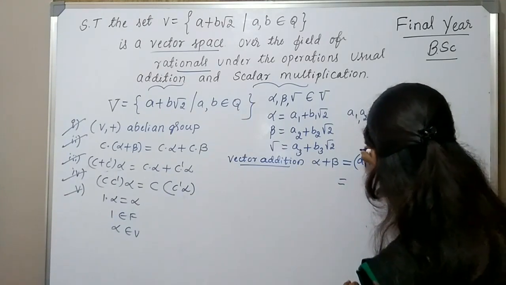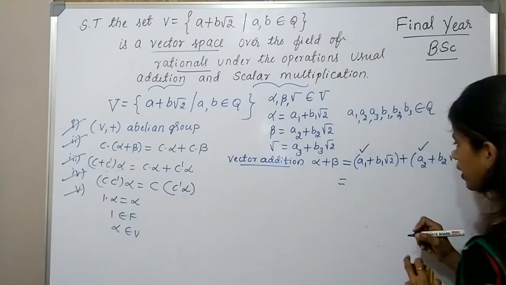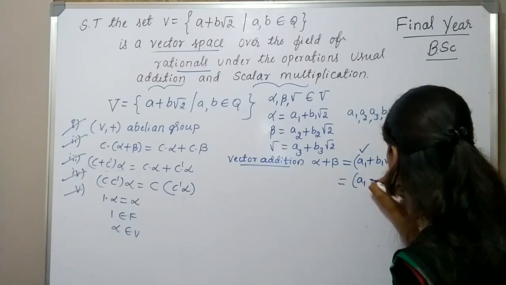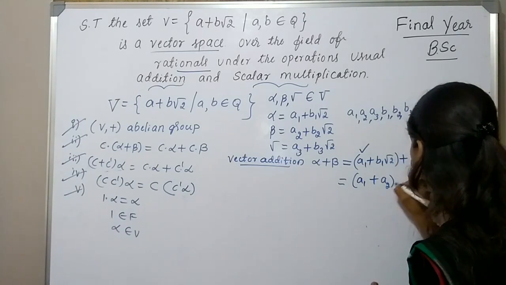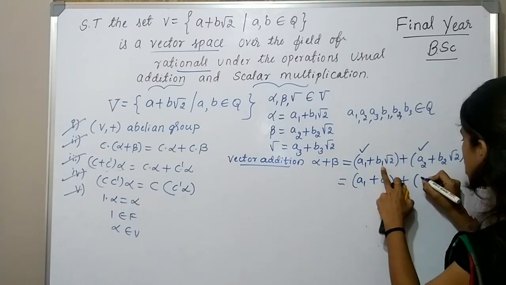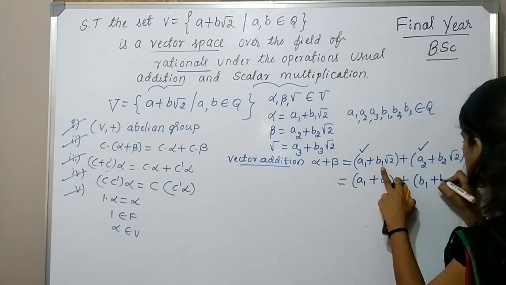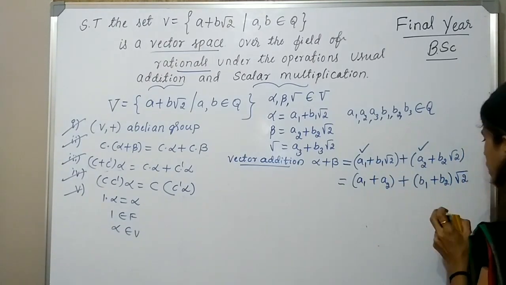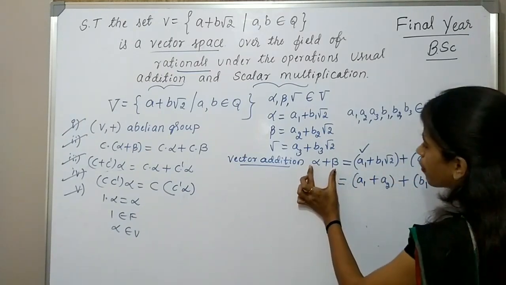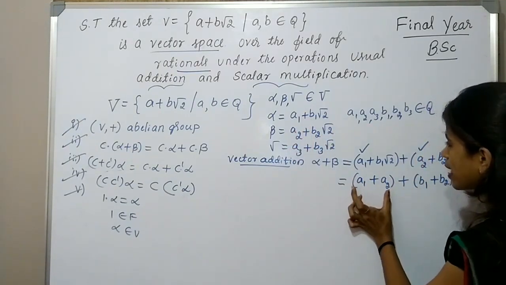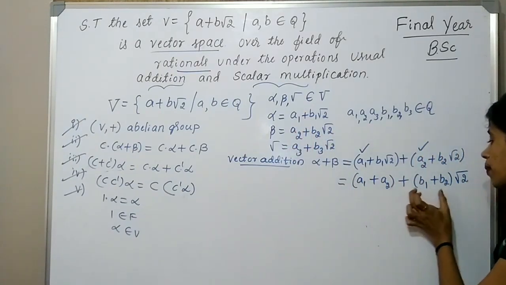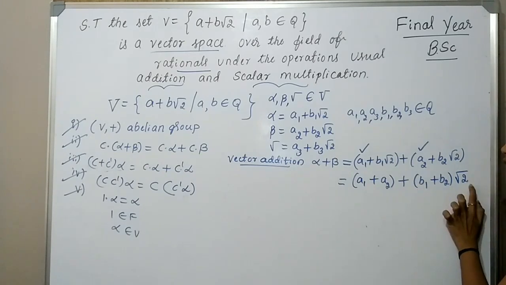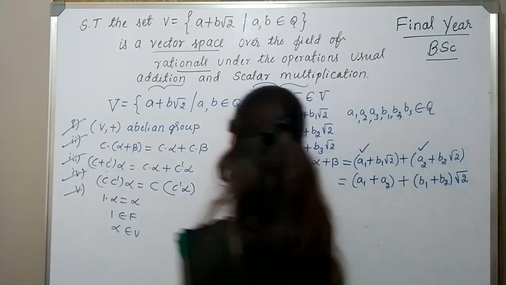So take a1, a2, that is a1 plus a2, plus the remaining elements b1 plus b2. For these two elements, root 2 is common, so I am writing this. That is, if I add alpha and beta, it is (a1 plus a2) plus (b1 plus b2) into root 2. So that is the vector addition, the usual addition.